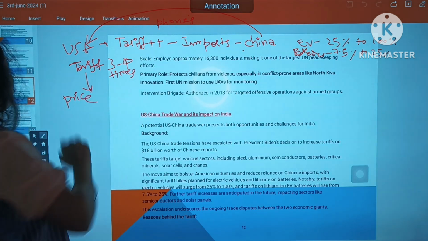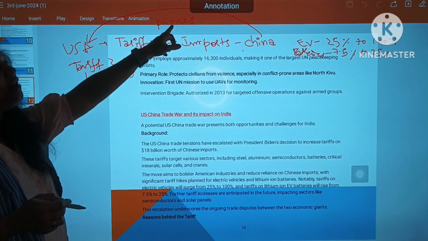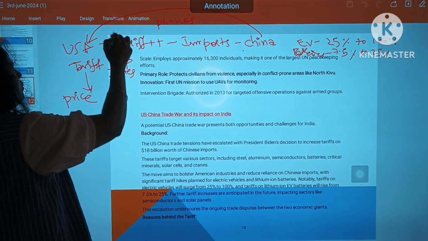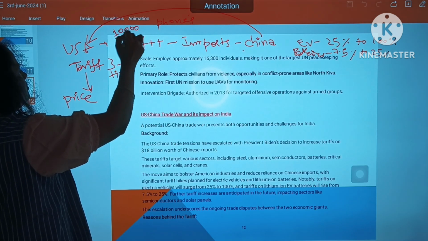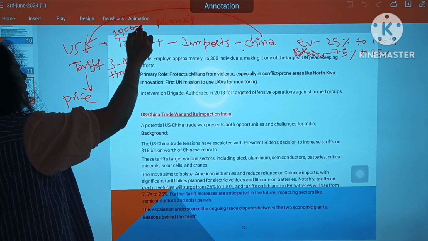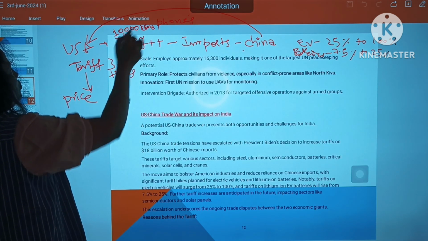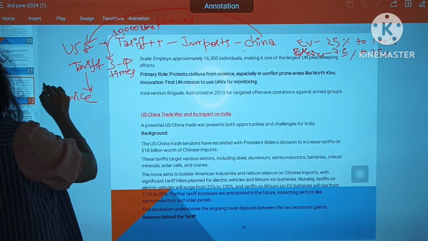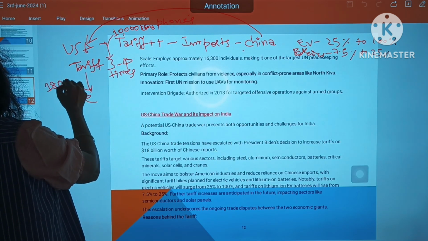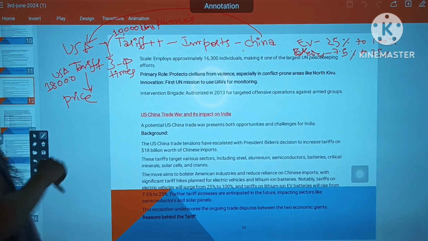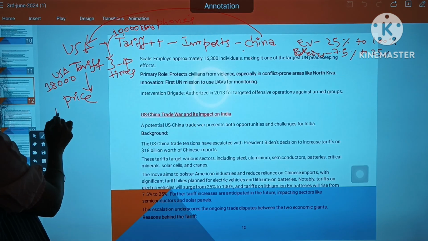So what happens? Suppose the price of a mobile phone is $10,000 in China. After the tariff, it will increase to 18,000 in the USA. So what will they do? They will check local companies.